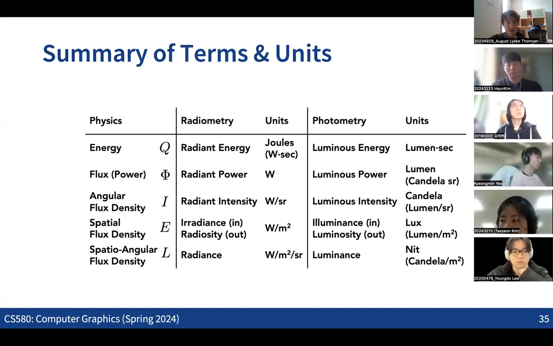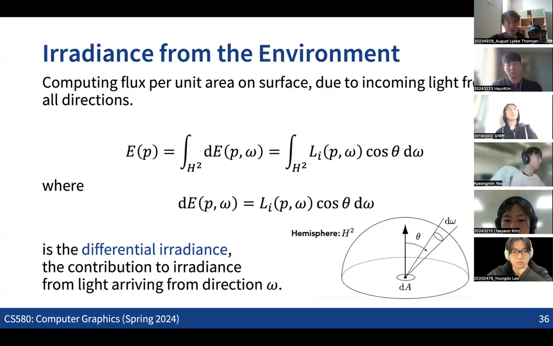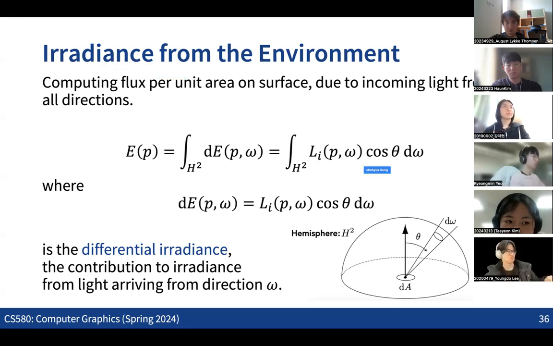Yeah, so before we end the 2 days lecture, let's just briefly see one more thing. Let's see a simple example, like how we're gonna determine the irradiance based on the information of the incoming radiance, right? So we can calculate the irradiance from the information of the radiance over all the directions.